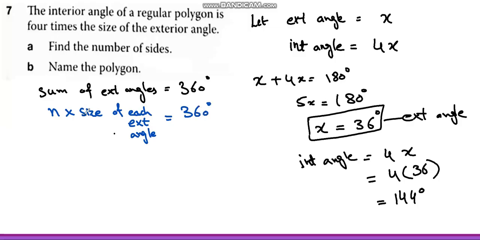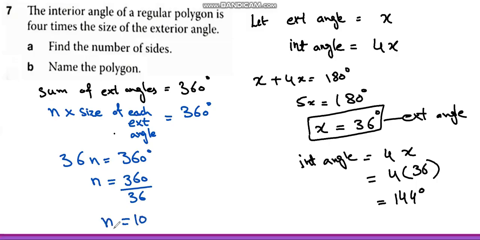And if each exterior angle is 36 degrees in size, we can write 36n equals 360 degrees. To get the number of sides, we can divide both sides by 36, and that will be 10 over here. So part A is solved, means the number of sides will be 10. And in part B, they want us to name the polygon, so definitely it's a 10-sided shape, means it's a decagon.